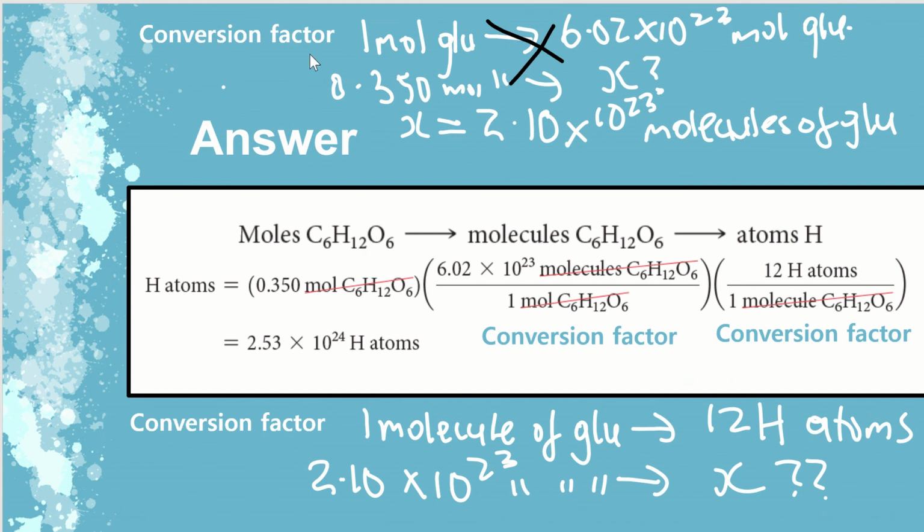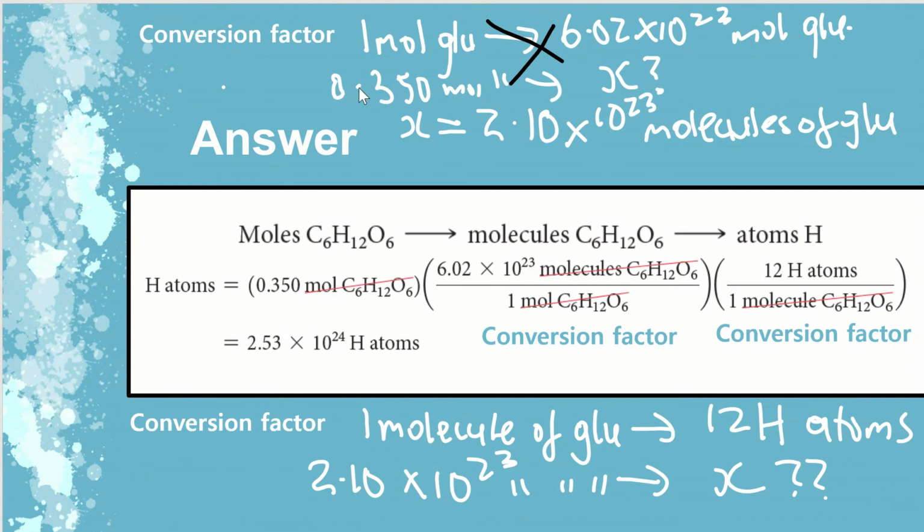So another way in which we can do the same calculation is to use statements, right? So we're going to look at the same calculation, but we're going to use statements. So here our first statement is 1 mole of glucose is equal to 6.02 times 10 to 23 glucose molecules, right?